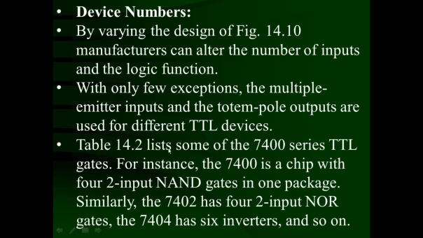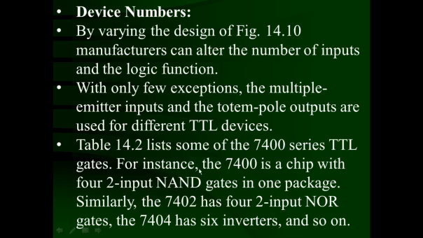Table 14.2 lists some of the 7400 series TTL gates. For instance, the 7400 is a chip with four 2-input NAND gates in one package. Similarly, the IC number 7402 has four 2-input NOR gates. 7404 has six inverters, and so on.